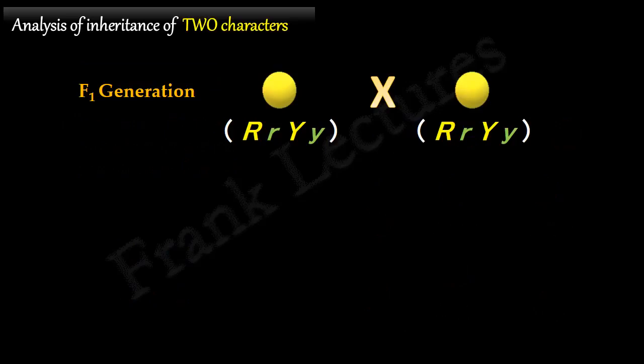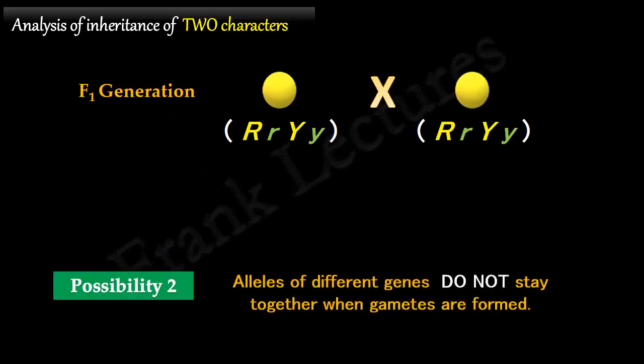The second possibility states that the alleles of different genes do not stay together when gametes are formed. In other words, the alleles of different genes behave independently of each other. Let's see how gametes will be formed according to this possibility. Each allele for a character can pair with any of the alleles for the second character. For example, the allele responsible for round seed shape can pair with the allele for yellow seed color, as well as green seed color.